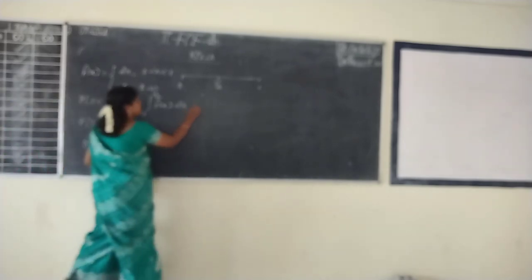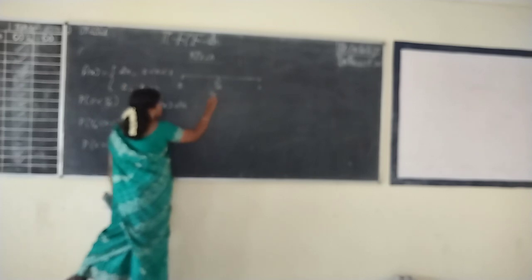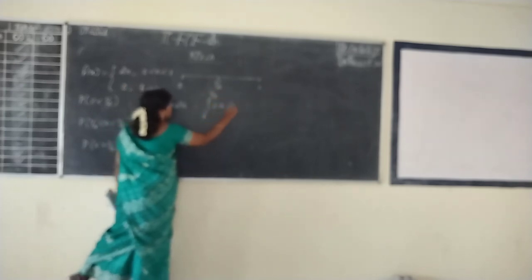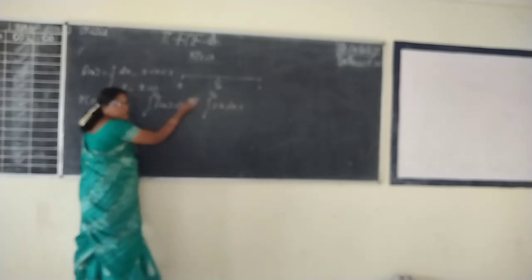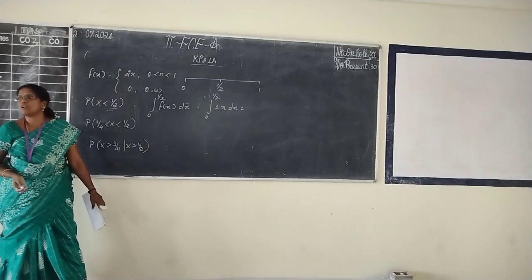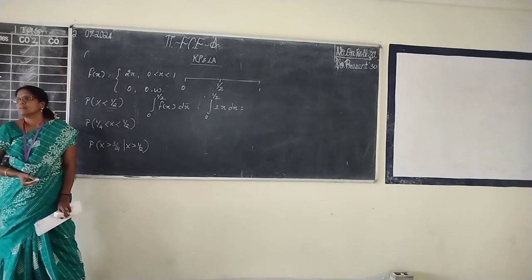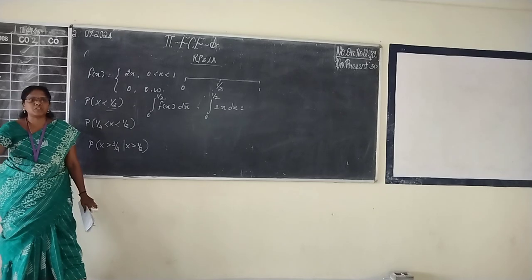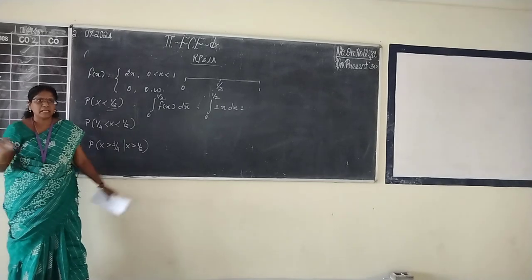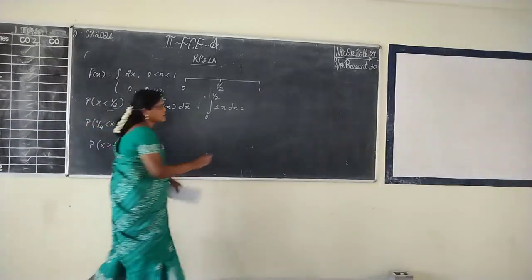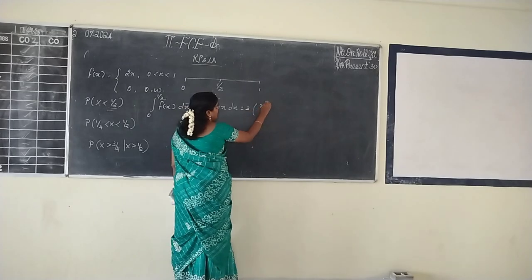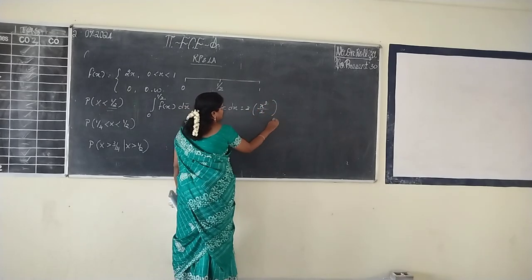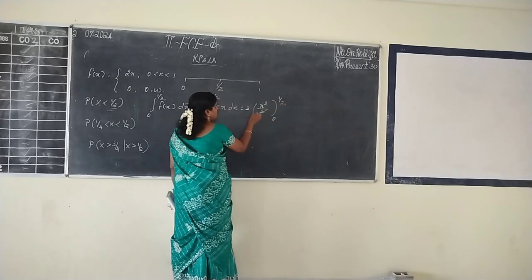Substitute and integrate. 0 to 1 by 2, 2x. 2 is a constant, you can take it outside. What is the integral of x? x square by 2. In the formula, x power n plus 1 by n plus 1. Here the n value is equal to 1. So 2 into x square by 2, within the limit 0 to 1 by 2.